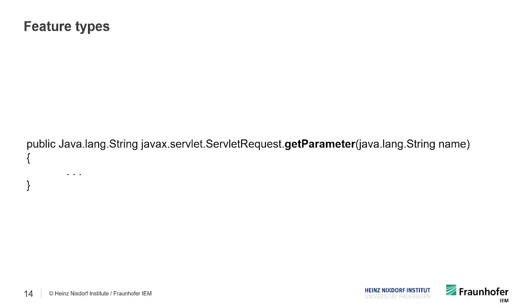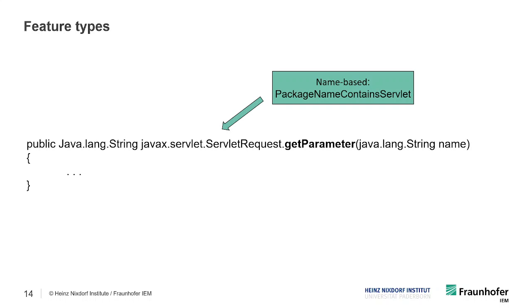So what we have actually in source is the method and the source code. So here is an example of getParameter, and we have a method signature, but also we have the body available, and the types of features that we have modeled in SWAN are in different groups. So we have types of features that are based on the names of the methods.